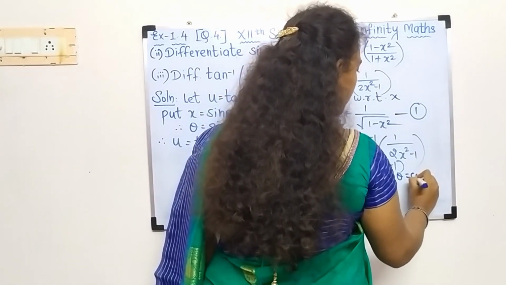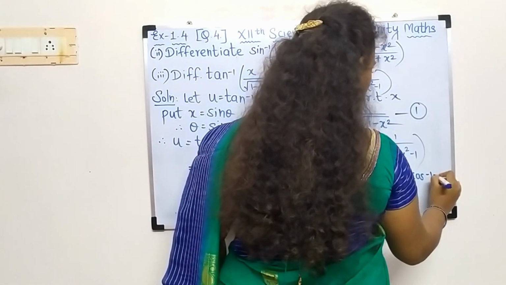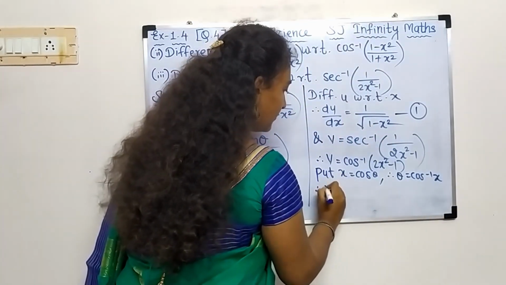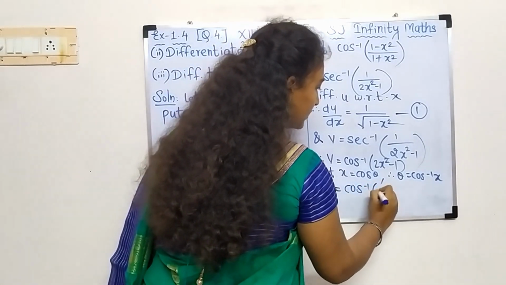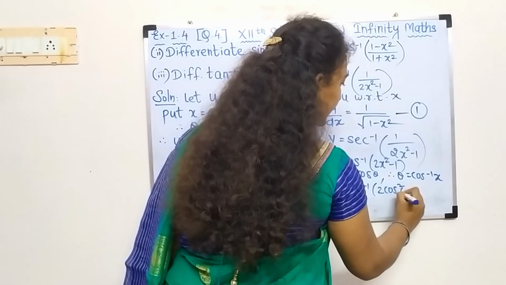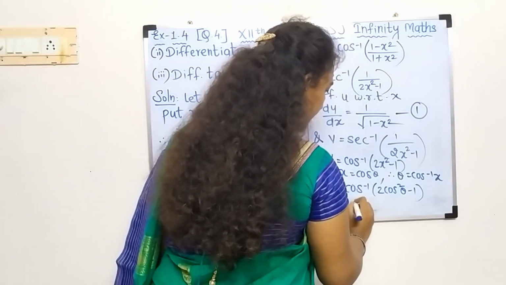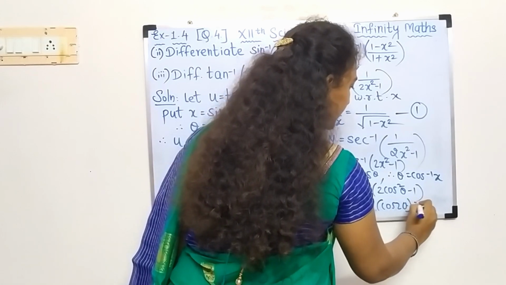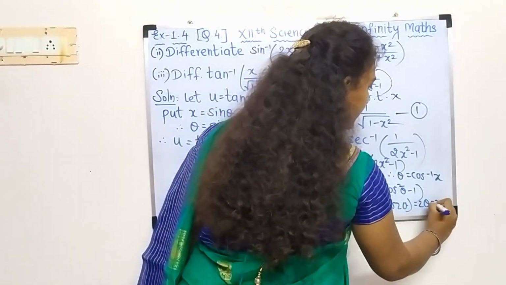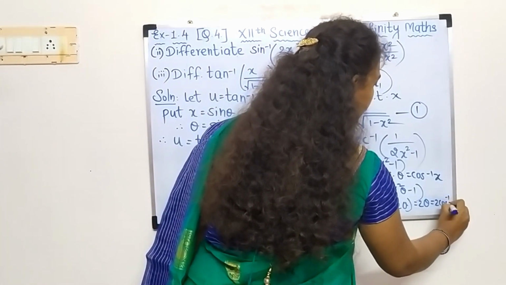Therefore, theta equal to cos inverse of x. Therefore, v is equal to cos inverse 2 cos square theta minus 1. That is cos inverse of cos 2 theta, which is equal to 2 theta, which is 2 cos inverse x.